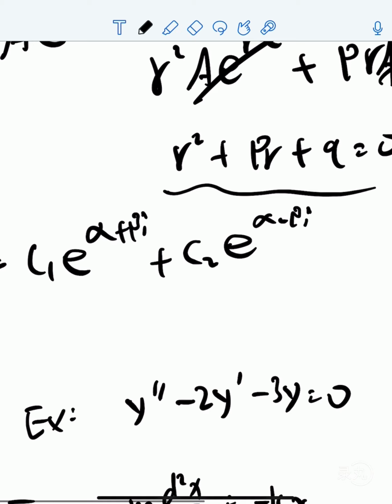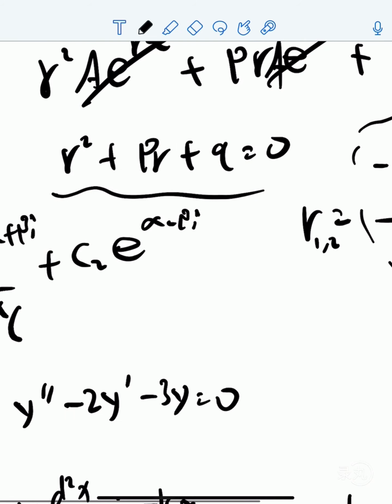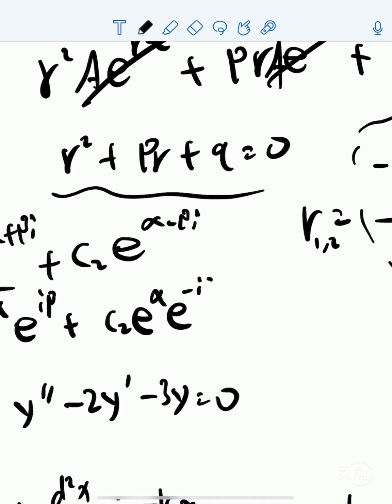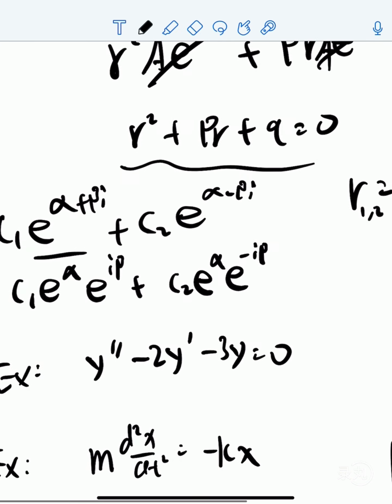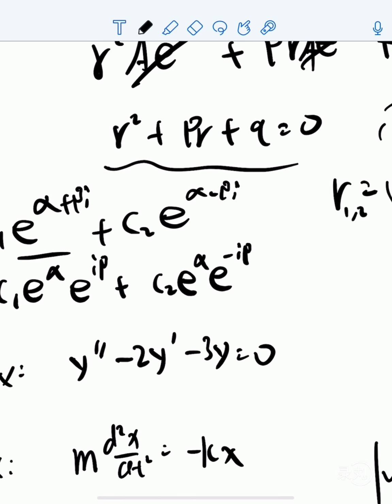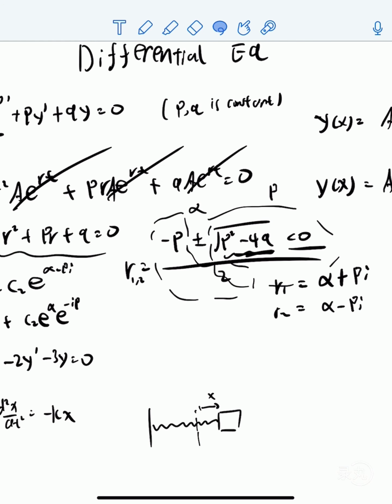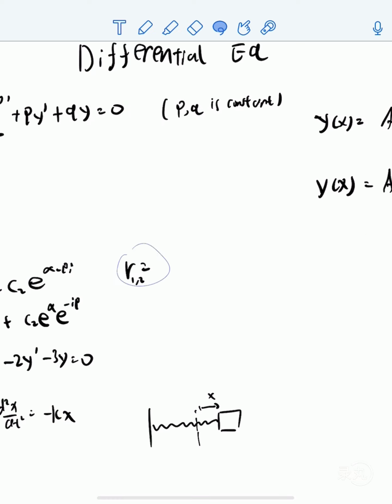Now we can separate the terms into c1 e^alpha times e^(i beta) plus c2 e^alpha e^(minus i beta). Now let me erase this part. Here we go.